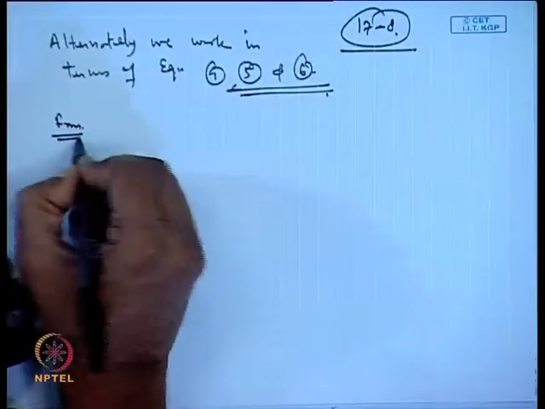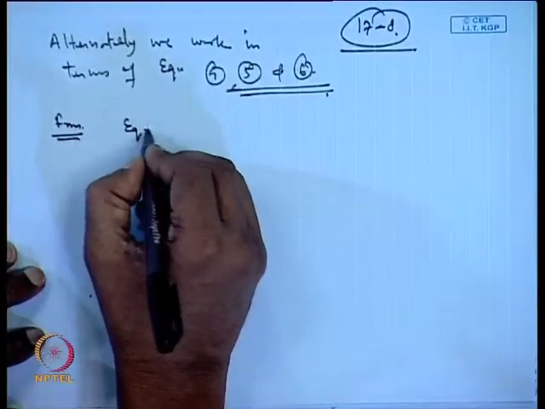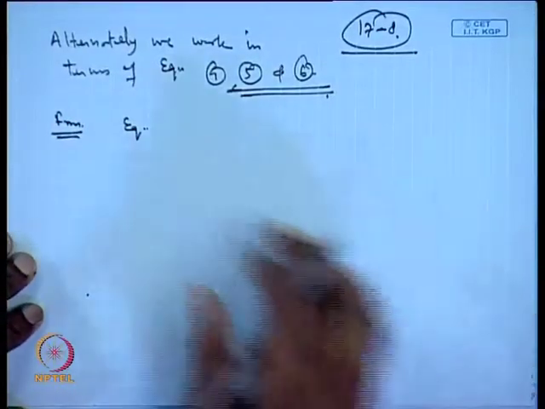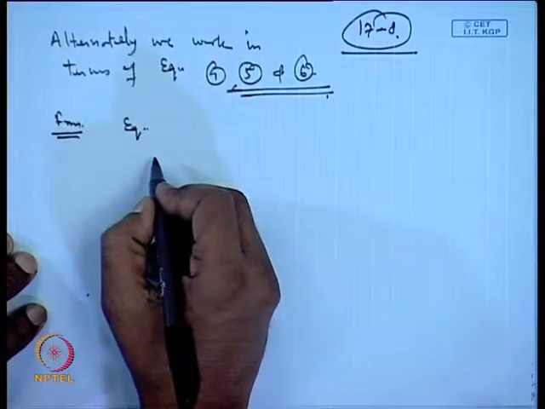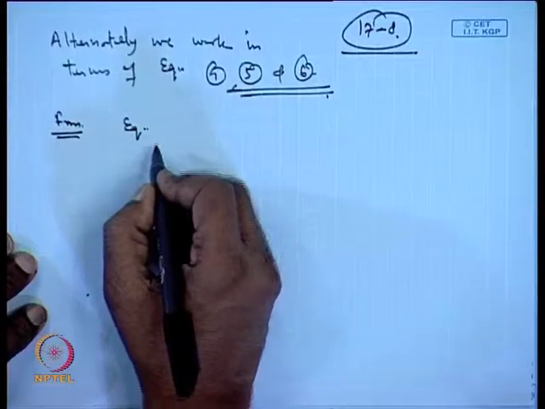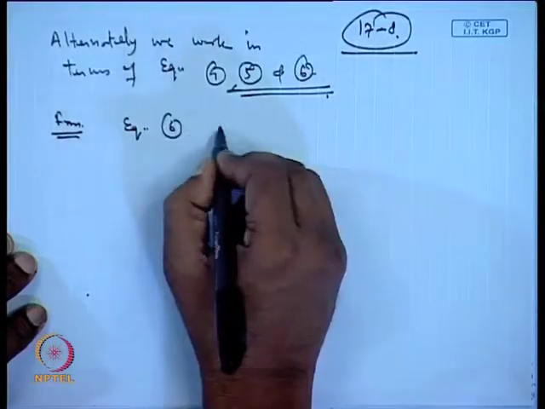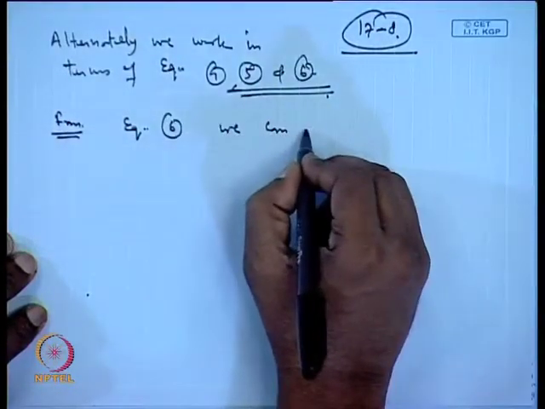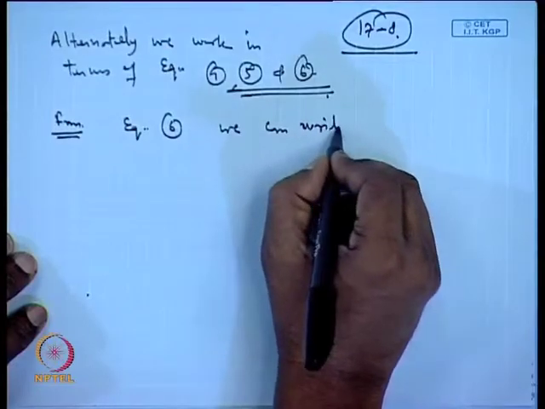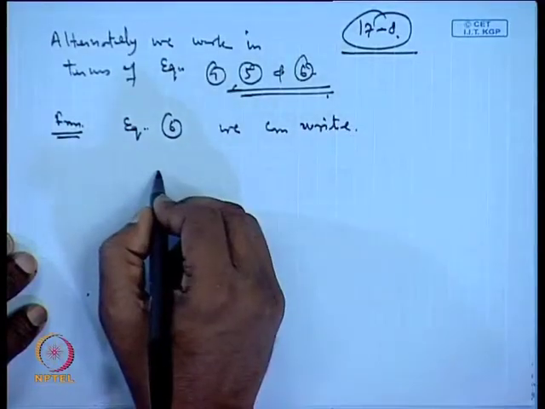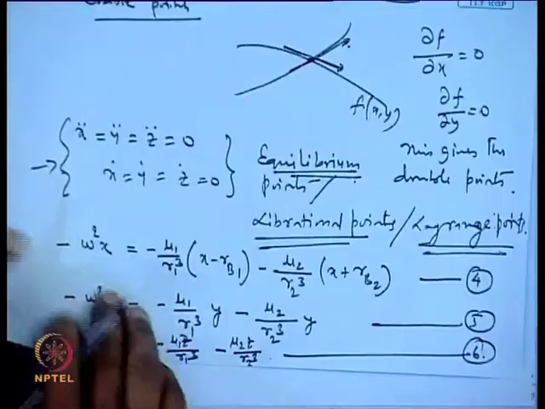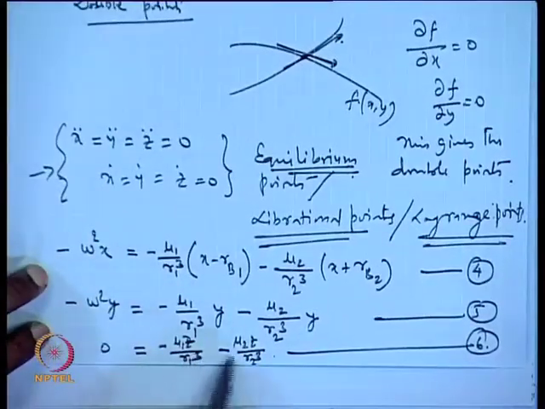So from equation 6 we can write, this is our equation number 6. So from here it is apparent z equal to 0.